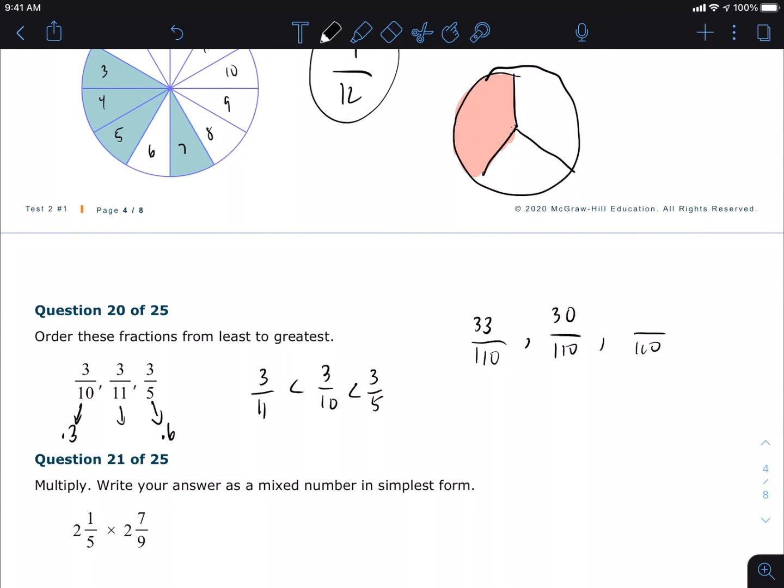What did that multiply by? 5 would be multiplied by... 110 divided by 5, I should know this, is 22. So then this would be 66. And then you can clearly see this was 3/10, this was 3/11, this is 3/5. You can clearly see smallest, second smallest, largest.